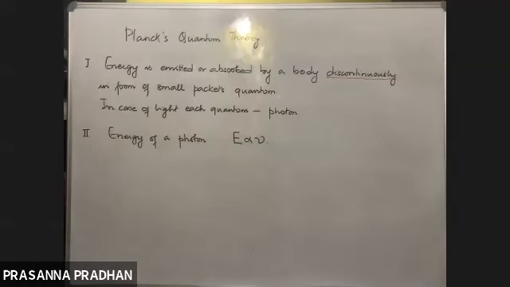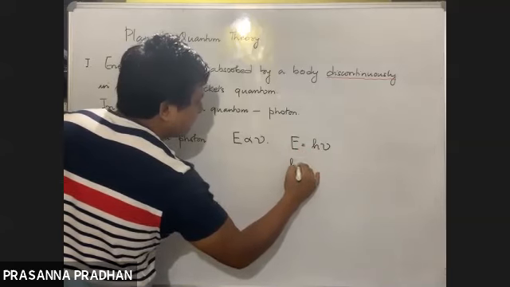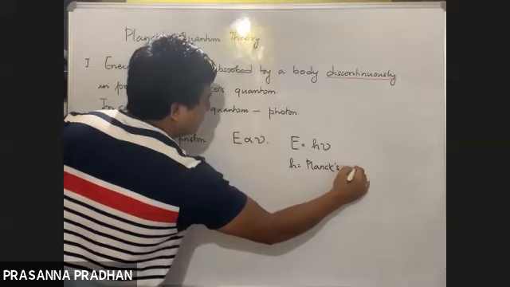Now if I remove this proportionality sign, what will come? A constant will come, and that constant is denoted by small h, known as Planck's constant.